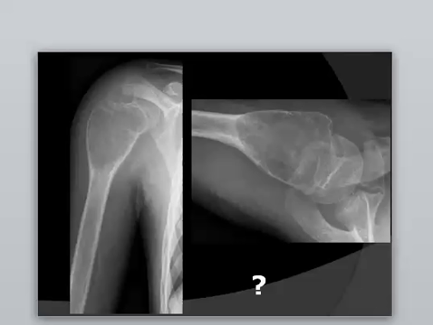Now what is this? We have an expansile bone lesion of the right humerus with multiple septation, which is usually not seen in simple bone cyst, and the blowout or ballooned bone limited by the epiphyseal plate is usually seen in aneurysmal bone cyst.